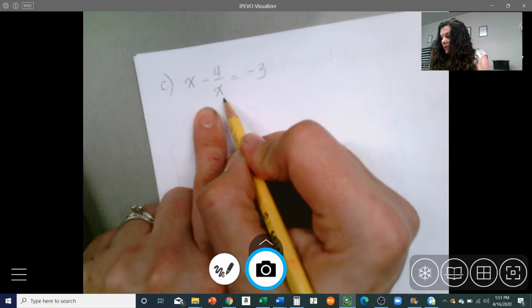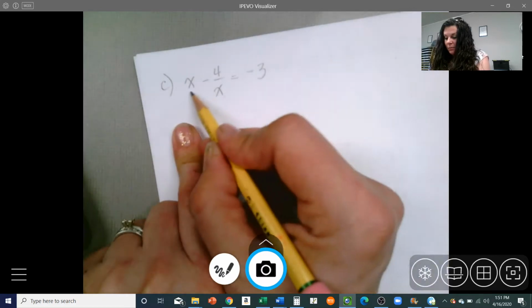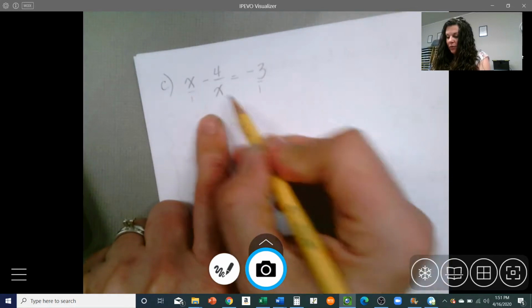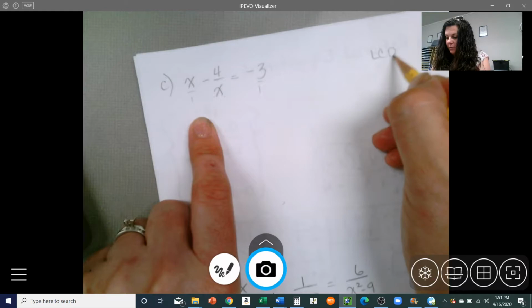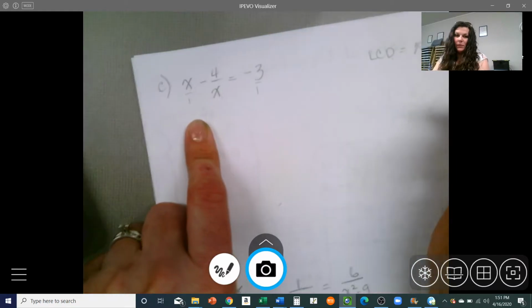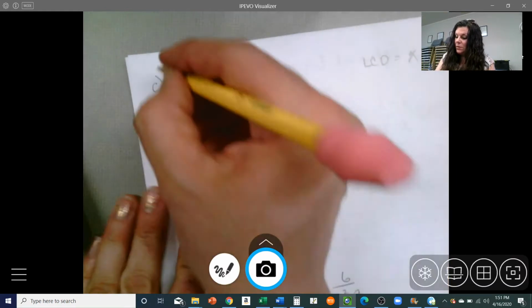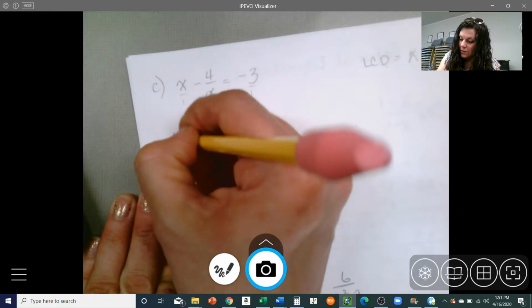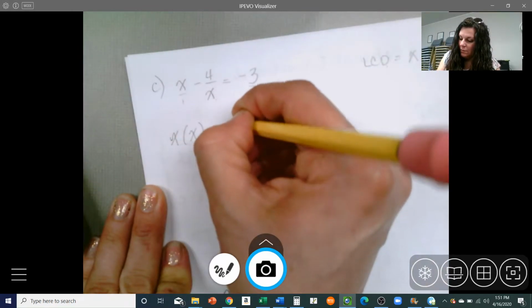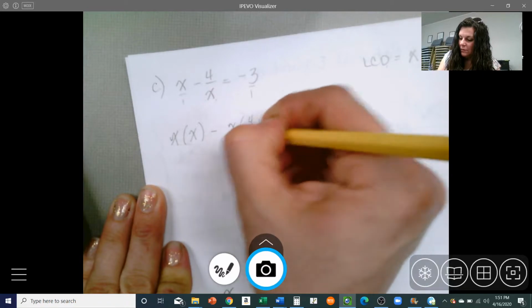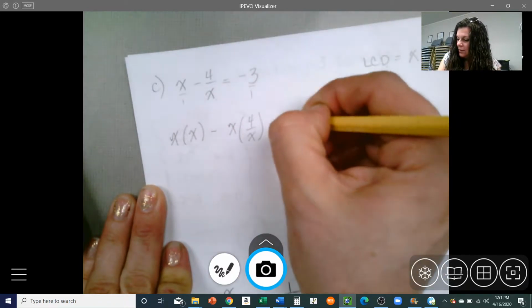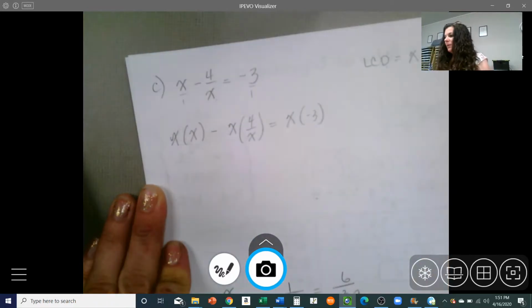My common denominator is x. Because look, here there's a 1, and here there's a 1. So my least common denominator is x. So I have to multiply everything by x. So I have x times x minus x times 4 over x equals x times negative 3.